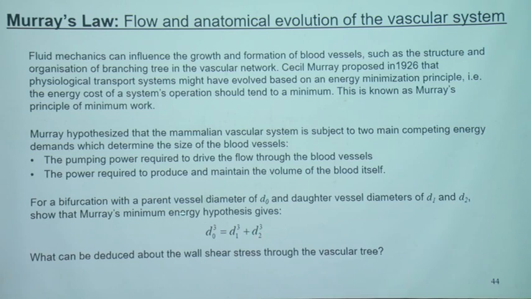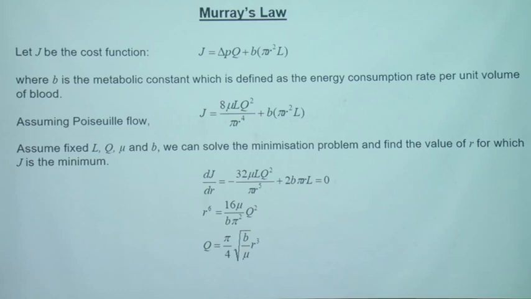To follow the minimal energy assumption, the diameters follow these cubic rules. So how can that be derived? I'll take you through some of this process, but if you want to know the full details, you can refer back to the original paper published by Murray.